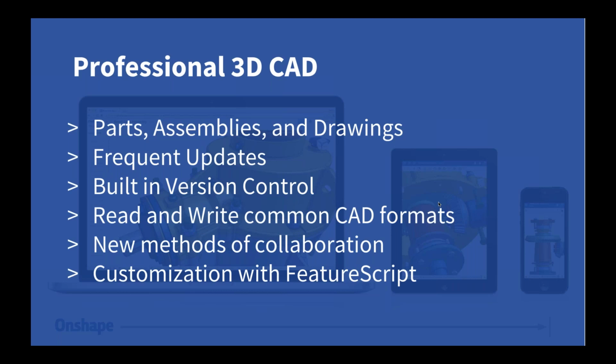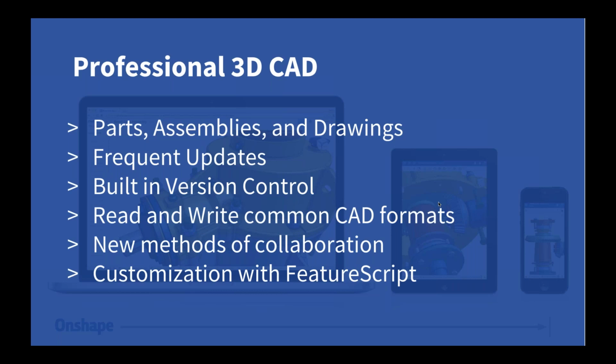You can import any of those formats, but you can also import native formats: SolidWorks parts, SolidWorks Pack and Go assemblies, Inventor parts. There's a long list of different supported formats. You'll find that, by the way, under the help if you're interested in a specific format. So read and write common CAD formats. It means that Onshape works really well with your existing CAD data. It works really well alongside existing CAD applications.